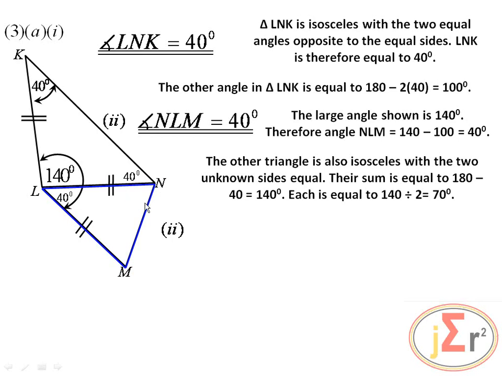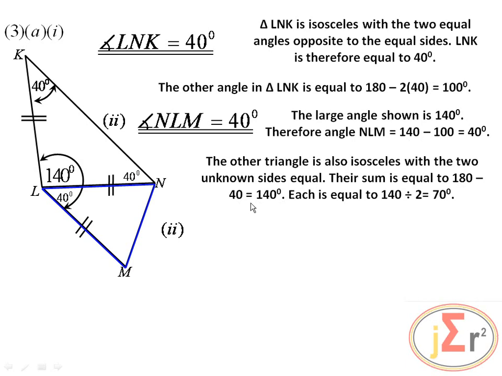But we do not know what they are equal to. But they are easy to find because we have an isosceles triangle. Those two angles are equal, and this one is equal to 40 degrees. So all we need to do is subtract this 40 from 180 degrees, as we have it right here.